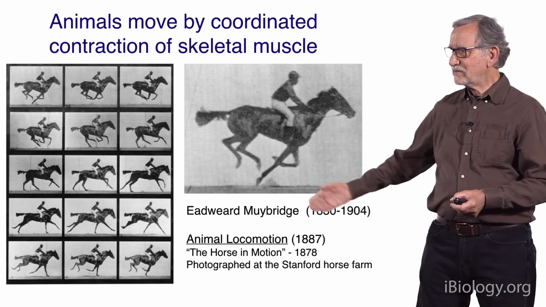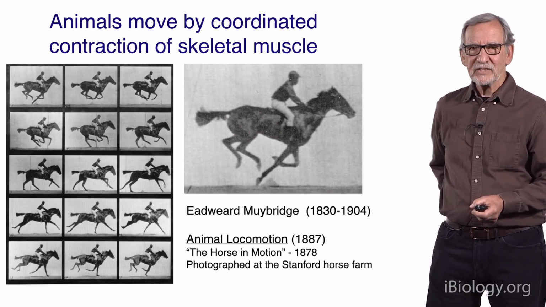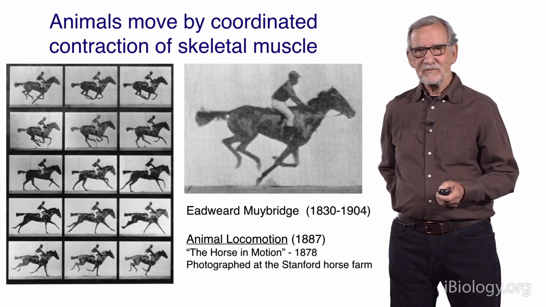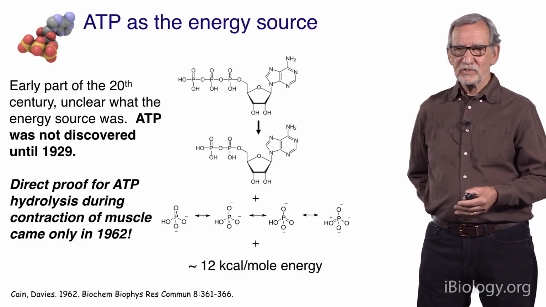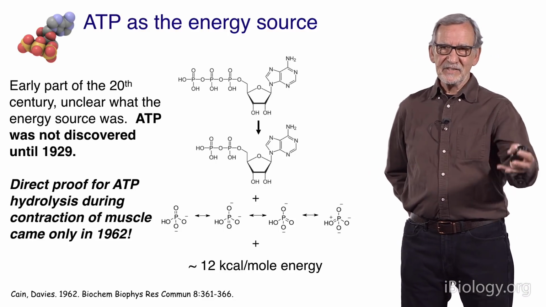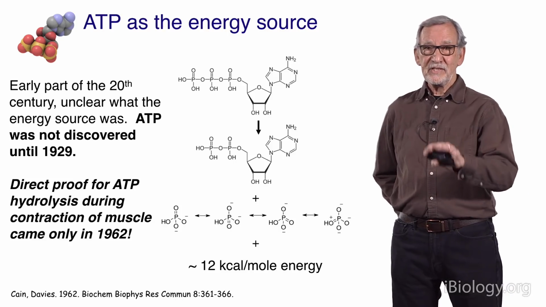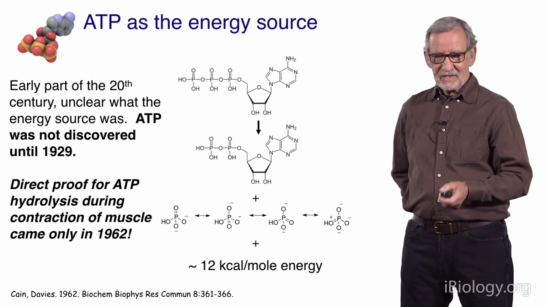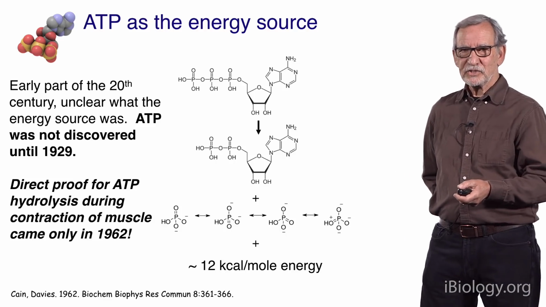So we all know that all animals move by coordinated contraction of skeletal muscle. And ATP is the energy source. This is our body's fuel, the same way gasoline is the fuel for an automobile. And in fact, as you'll see, there are a lot of connections between man-made machines and those we find in biology.